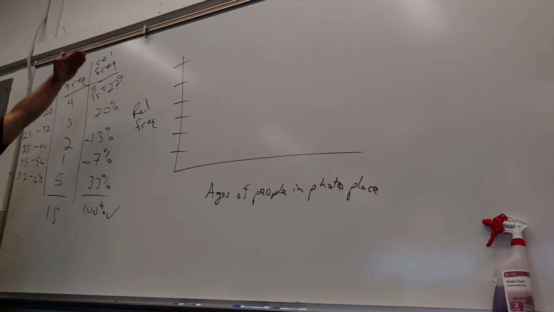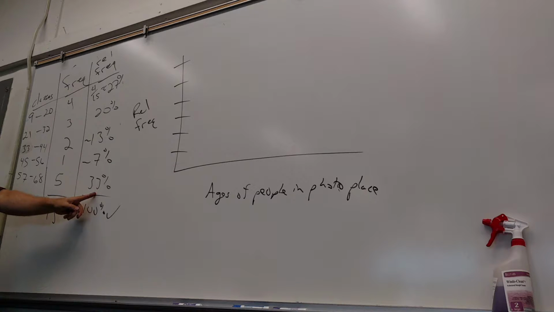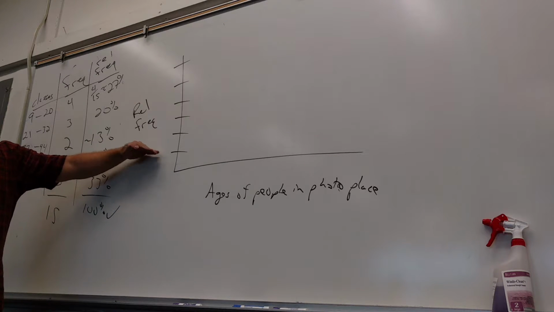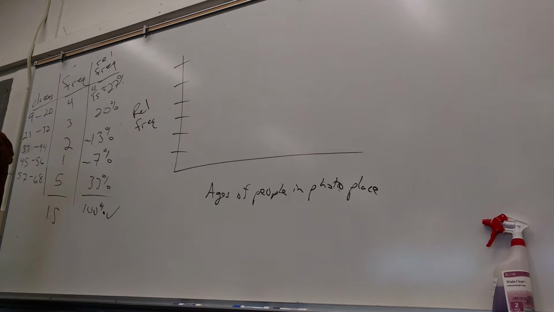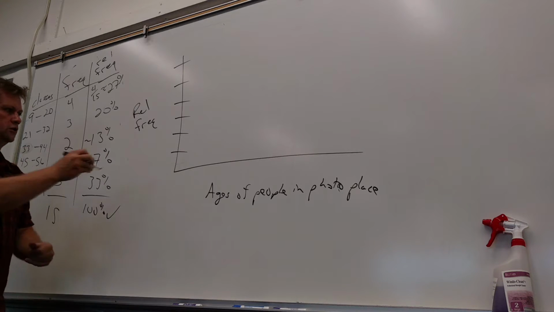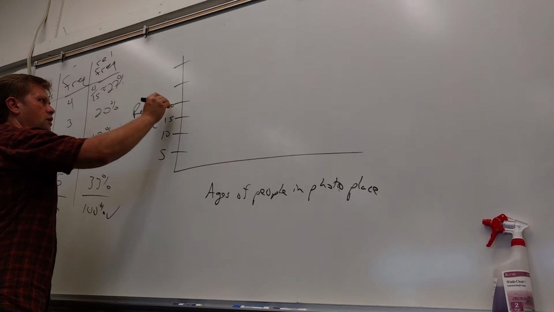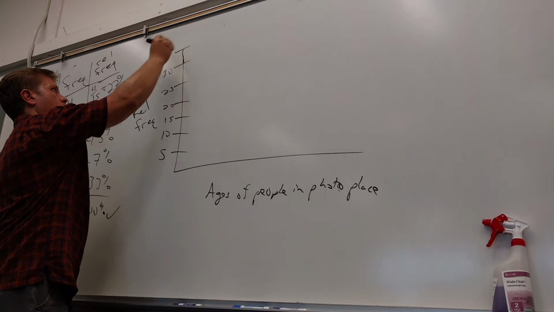How far up does that scale have to get to? It's got to include 33, right? So maybe I can step by 5s. 10s might be too big of a step, right? So maybe 5, 10, 15, 20, 25, 30, 35.